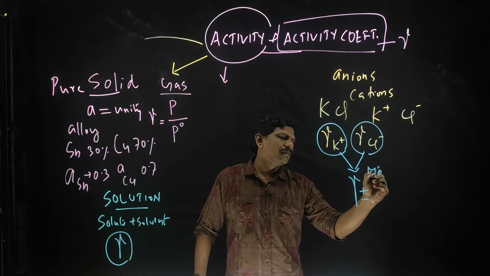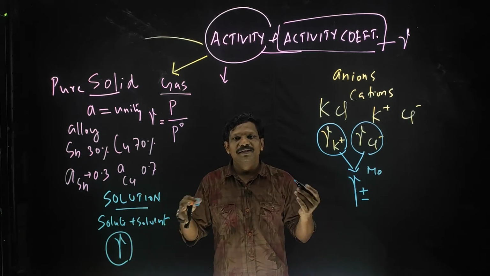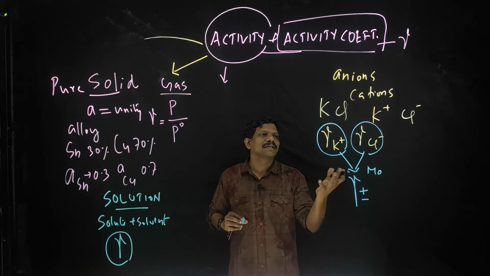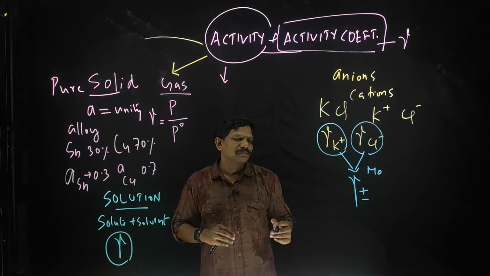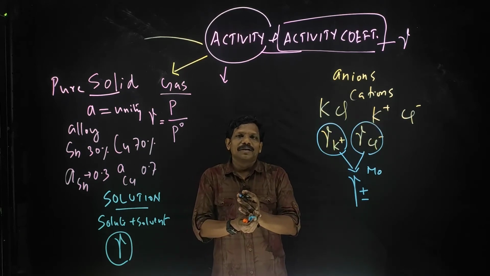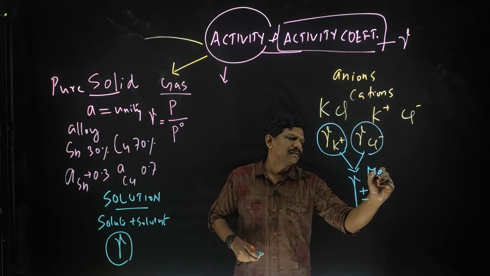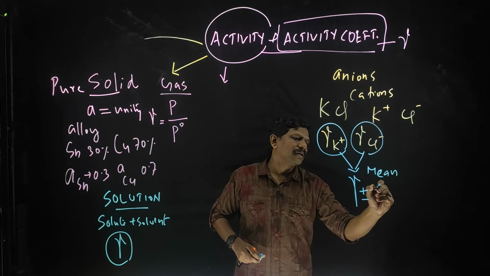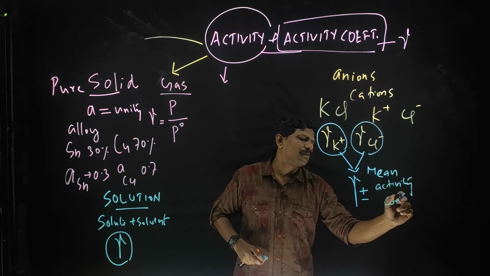Normally we will not work with simply the activity coefficient, because we are considering an electrolyte consisting of anions and cations. Together only you can find out the activity coefficient, that is known as the mean activity coefficient.